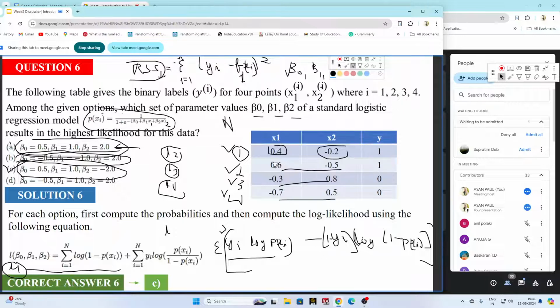Similarly for the second, third and fourth points, we will find p(x_i), put it in the equation, and adding all these we will get L2. Similarly we will get L3 and L4. We will see which log likelihood is maximum, and we will find that L3 is maximum. So as L3 is maximum, this is our optimum beta: beta naught 0.5, beta 1 of 1, and beta 2 of minus 2.